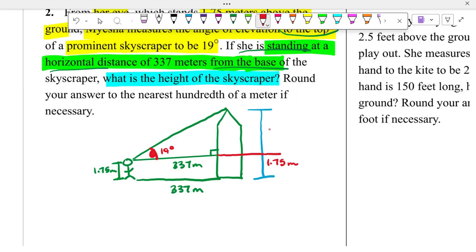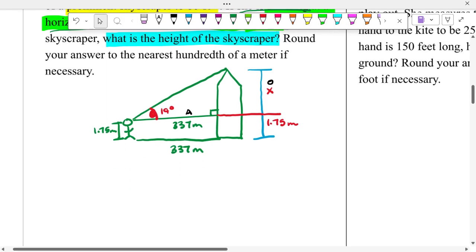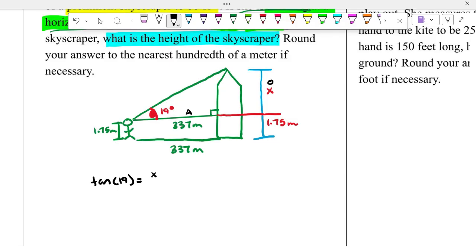But now we need the other piece, which is where our triangle comes in, or X. So like Elizabeth said, this is the opposite in relation to our angle of elevation. And the 337 is your what? Adjacent. So we're using what? Tangent. So we're going to do tangent of 19 is equal to X over 337.